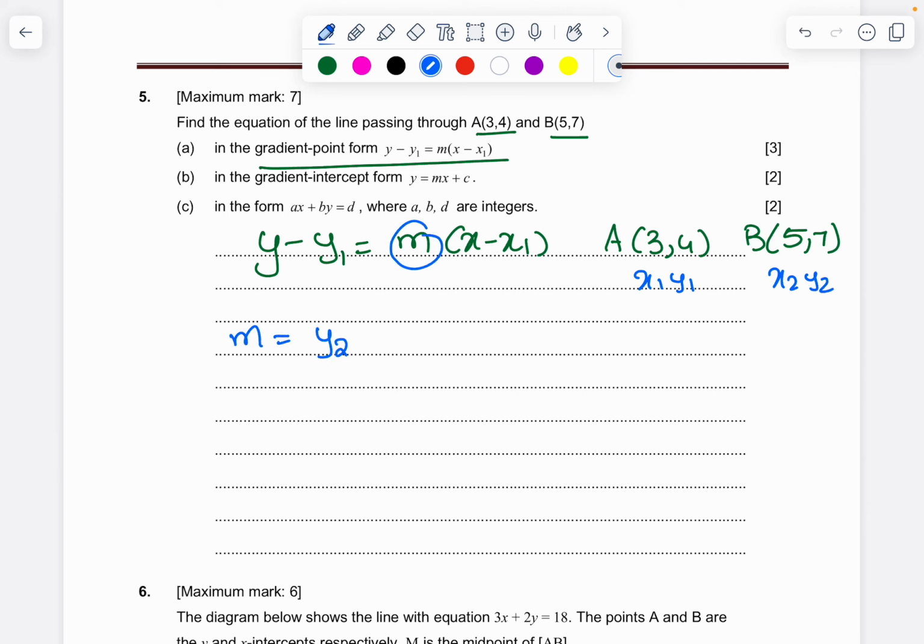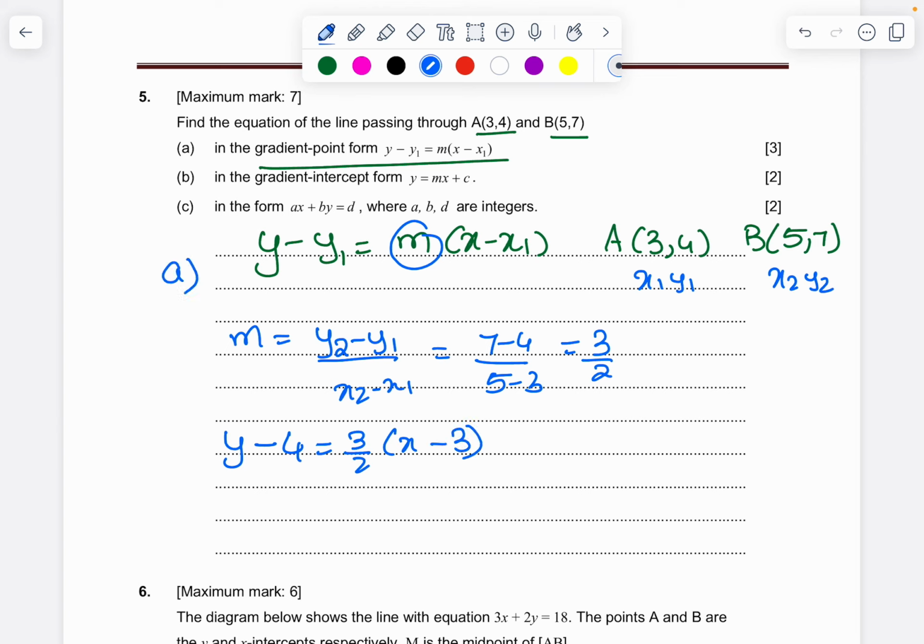The m formula is y2 minus y1 by x2 minus x1, which is 7 minus 4 by 5 minus 3, which is 3 by 2. And now use that formula: y minus 4 equals 3 by 2 times x minus 3. That is part A.